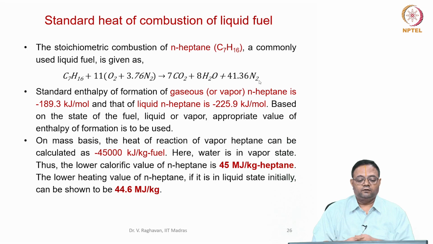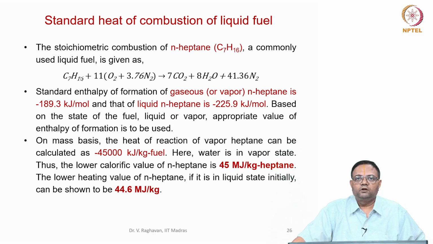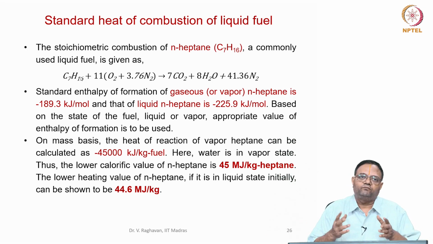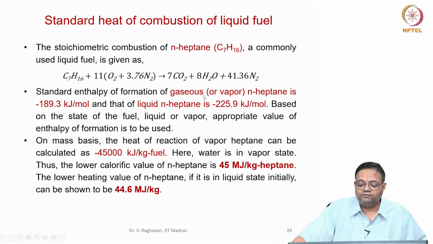Now, please see that this is a liquid. It may be in gaseous state. I can vaporize this and use the vapor, but I can also use the liquid and supply the heat there and calculate from the enthalpy of formation of the liquid itself. So, what is the difference? The standard enthalpy of formation of n-heptane in gaseous state is minus 189.3 kilojoule per mole.